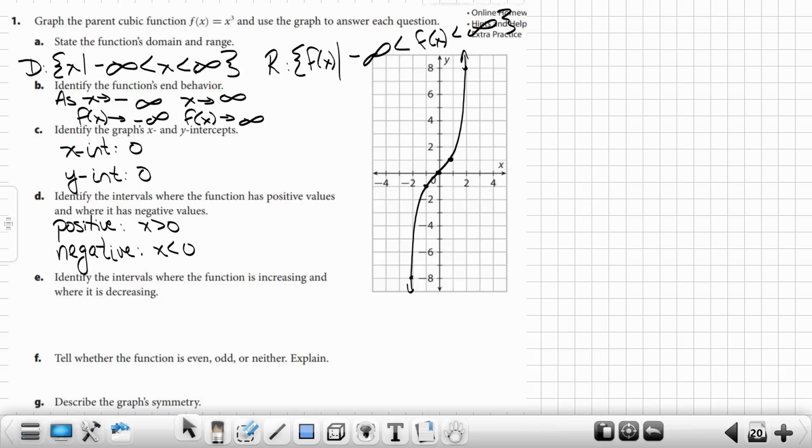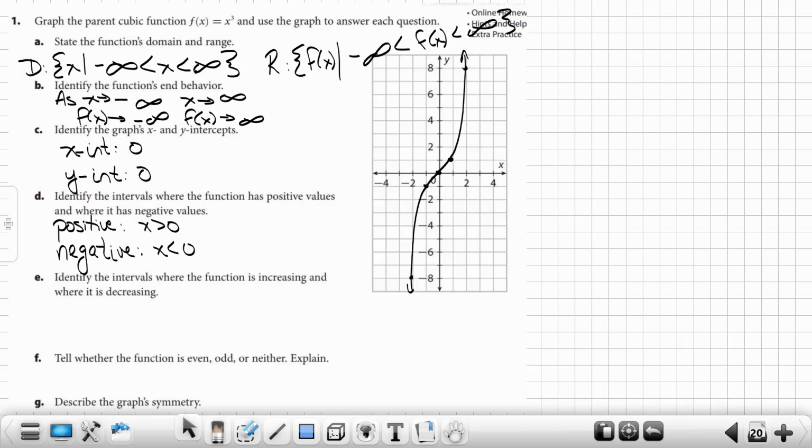No. Dylan, when is it increasing? 1, 1, right? It's a static point, not either increasing or decreasing. I need an x interval in which the function is increasing. Johnny? I was gonna say 0 to 1. From 0 to 1 it is, but it's increasing even more than that.